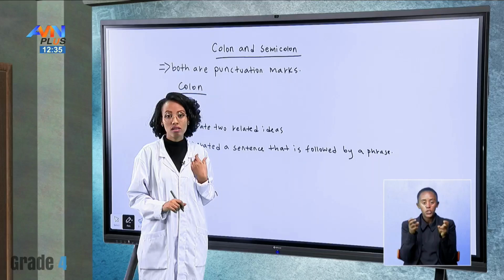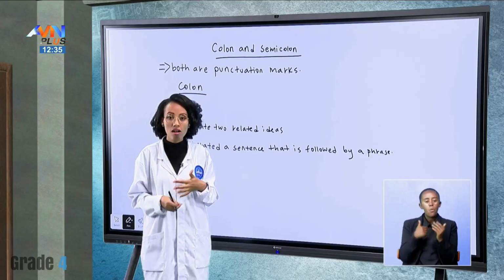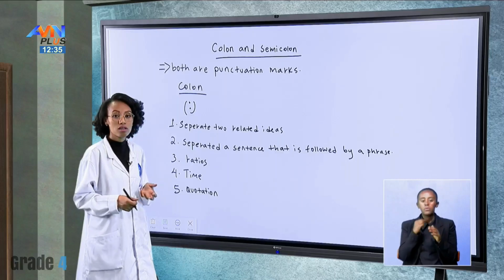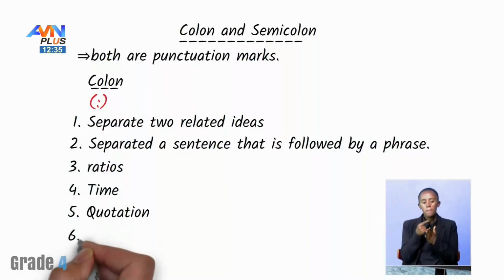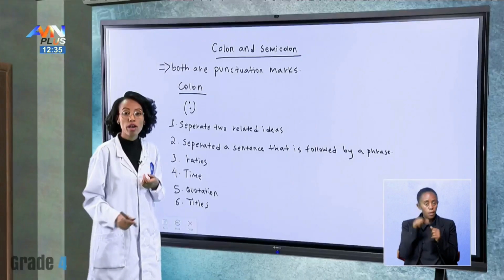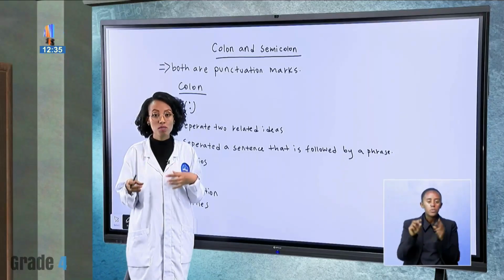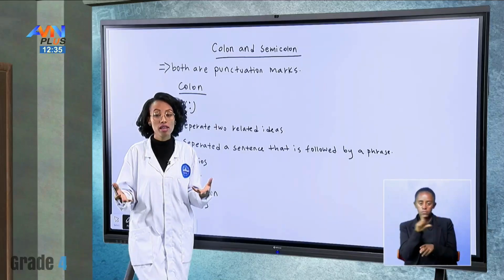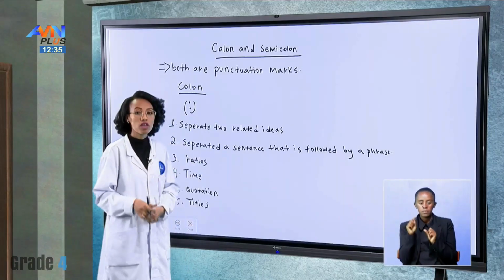Quotations. So, all of these are ways we could use colon. We also talked about how we could use it in titles, if you remember. When we are writing titles, especially book titles that have a continuation, we use colon.